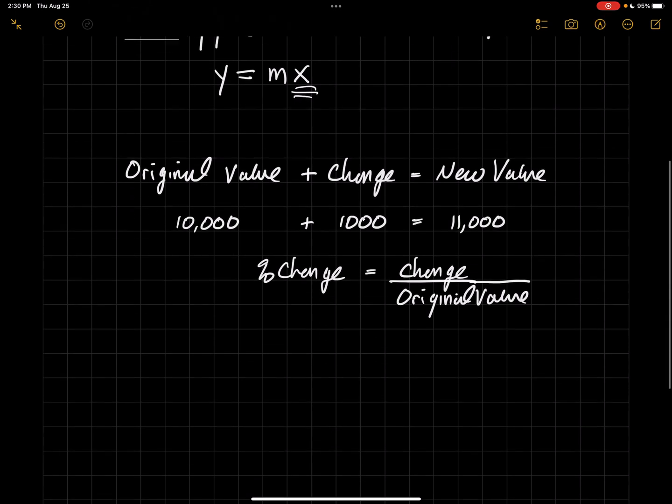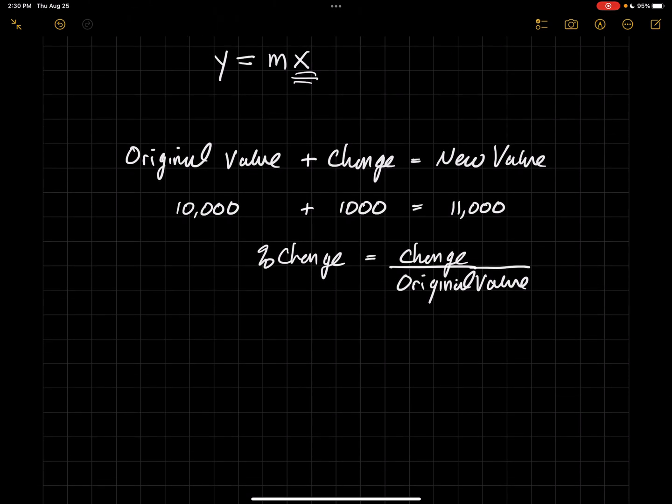And so if we use this example of a $1,000 raise in salary, well, the percent change is simply that $1,000 divided by the original value, which is $10,000. And so that's, of course, 10%. It's a nice raise to have.